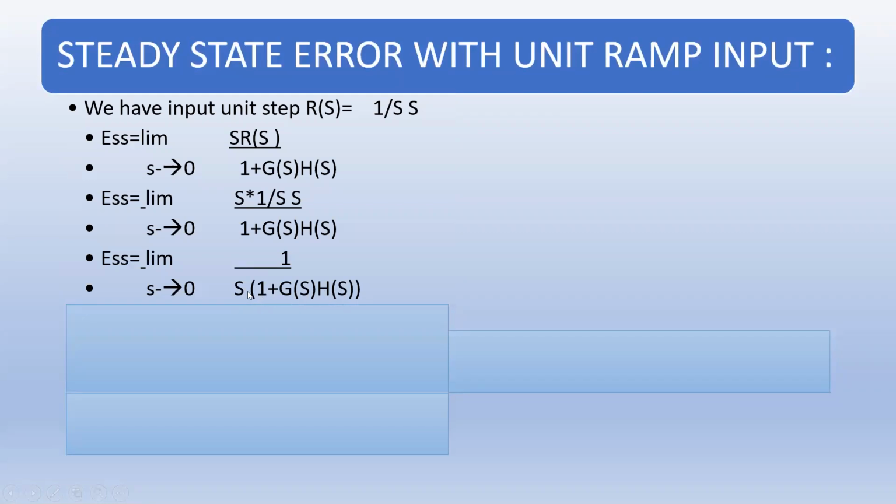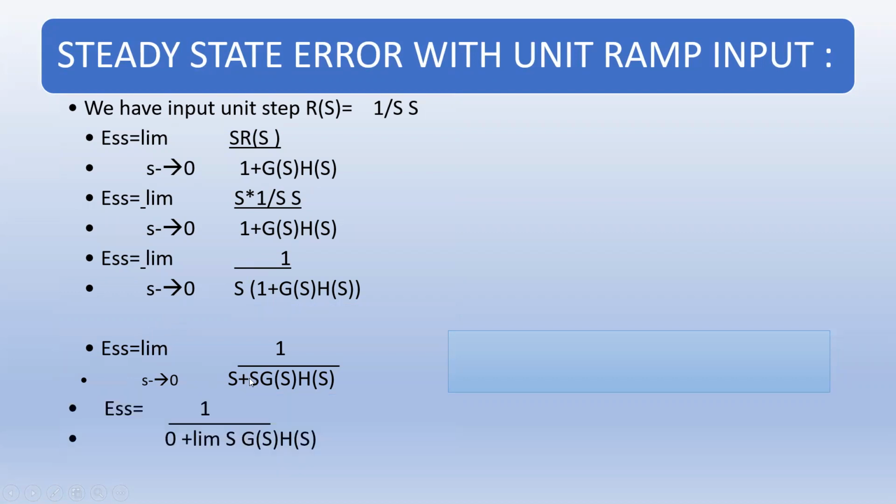So if we multiply this out, we have limit s tends to 0 of s plus s into G(s)H(s). If we substitute 0 over here, the first term becomes 0 and the limit enters the second term. So the steady state error becomes 1 by limit s tending to 0 of s into G(s)H(s).